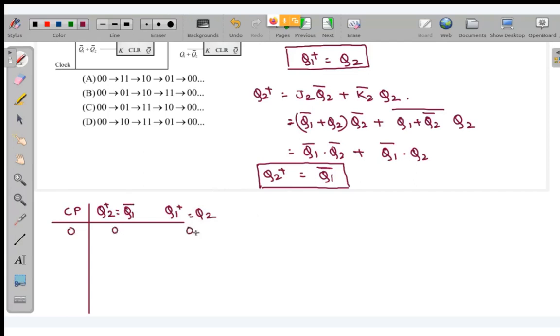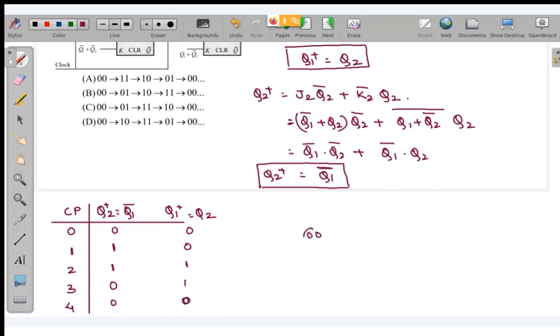Initially it is 0, 0. Next time it will be complement. So at the first clock pulse this will be 1 and this will be 0. At the second clock pulse this will be 1, this will be 1. At the third clock pulse this will be 0, this will be 1. At the fourth clock pulse this will again become 0 and this will be 0.